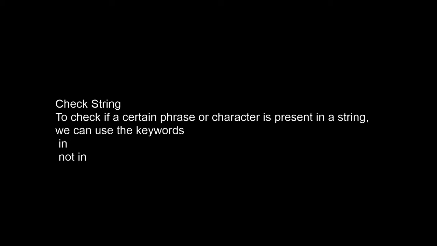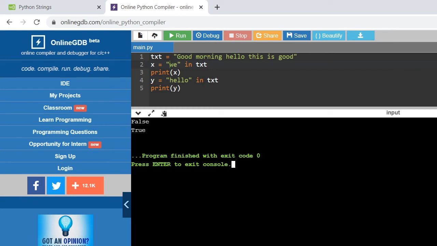In that case, we can use in, or we can use not in. When we use in, that character or phrase will be checked with the given string. If it is there, it will return true, otherwise false.